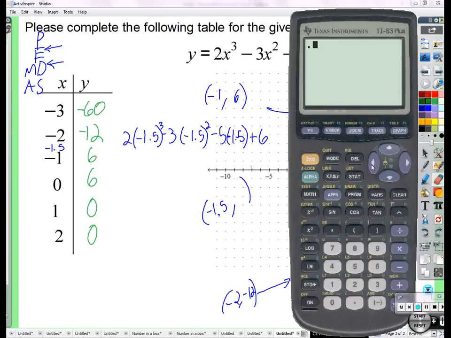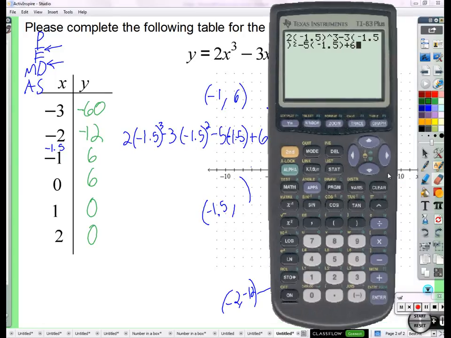2 times -1.5 to the third power, parentheses there, third power, minus 3 times -1.5 squared, minus 5 times -1.5, plus 6.